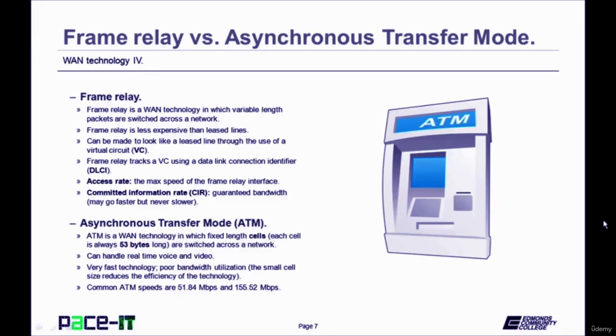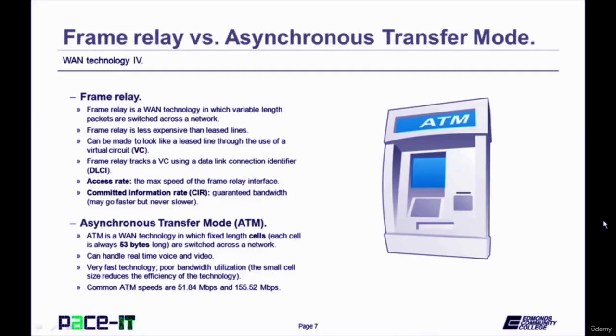Now let's talk about asynchronous transfer mode, also known as ATM. ATM is a WAN technology in which fixed length cells are switched across a network. These cells are always 53 bytes long. ATM can handle real-time voice and video because it's very fast, but it has poor bandwidth utilization.